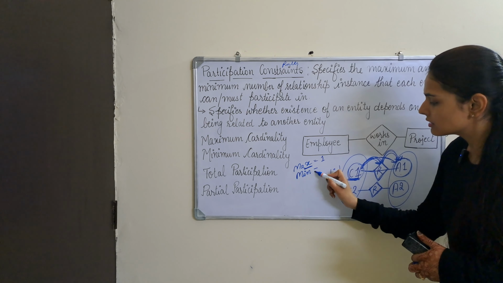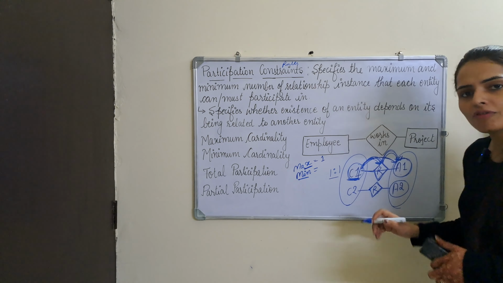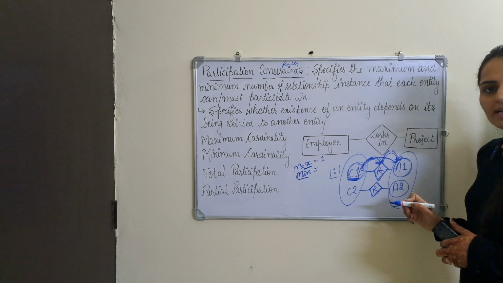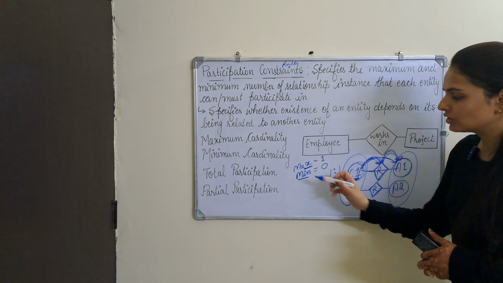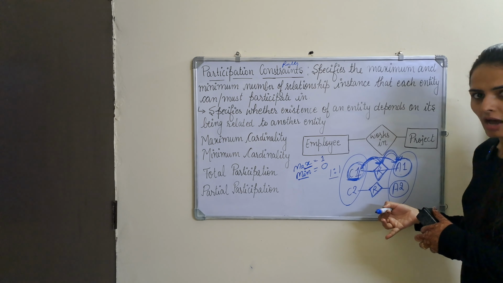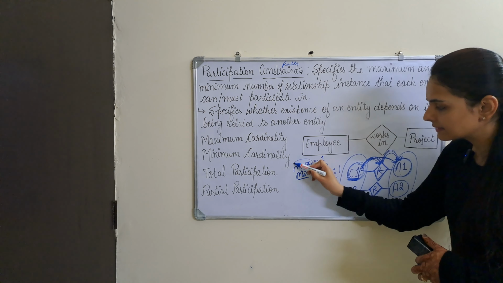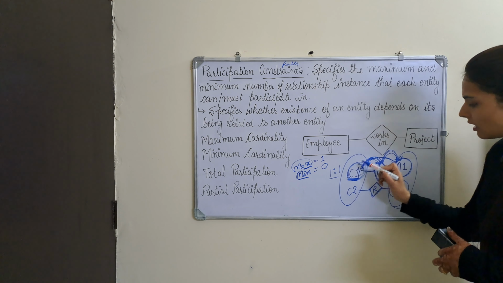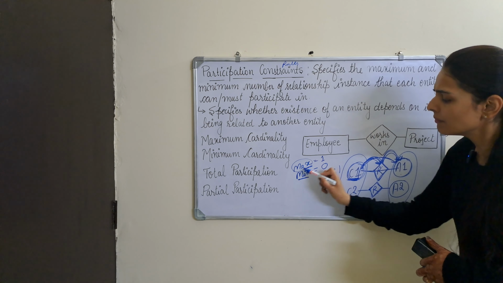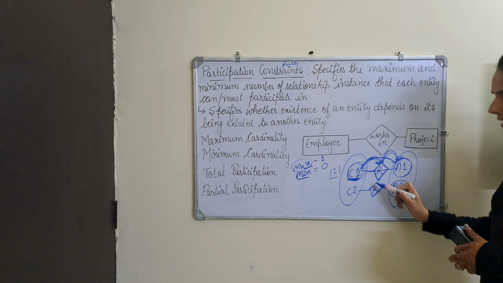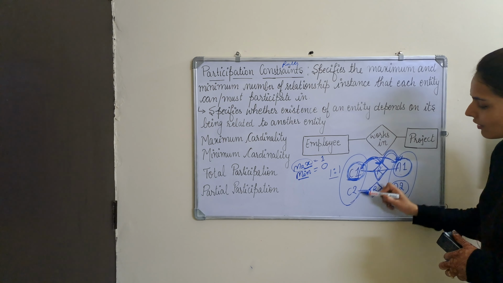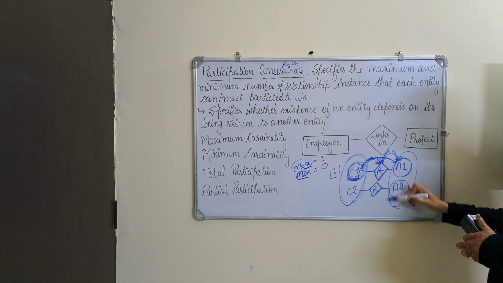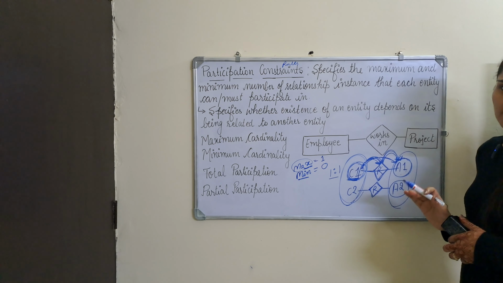And we already saw that the minimum number of relationship instances in which this citizen entity can participate is 0. So this is the rule that we have applied here: the maximum number of relationship instances with which this citizen can associate, and the minimum number of relationship instances in which one entity from this entity set can participate.